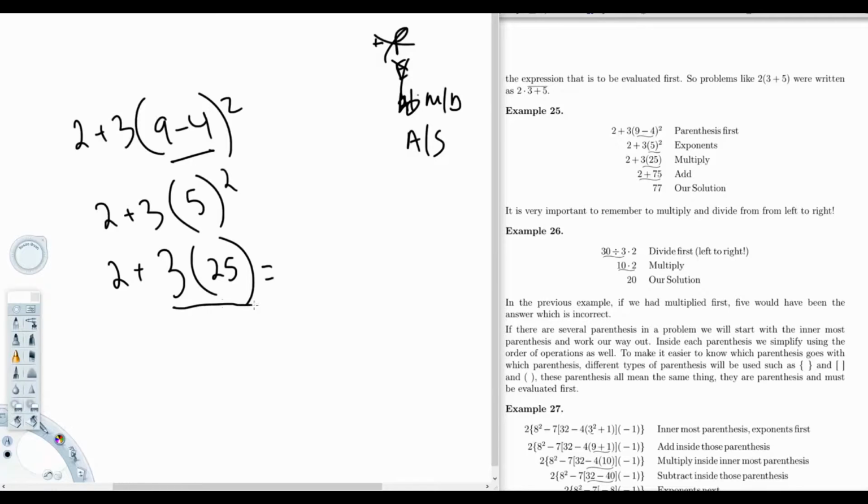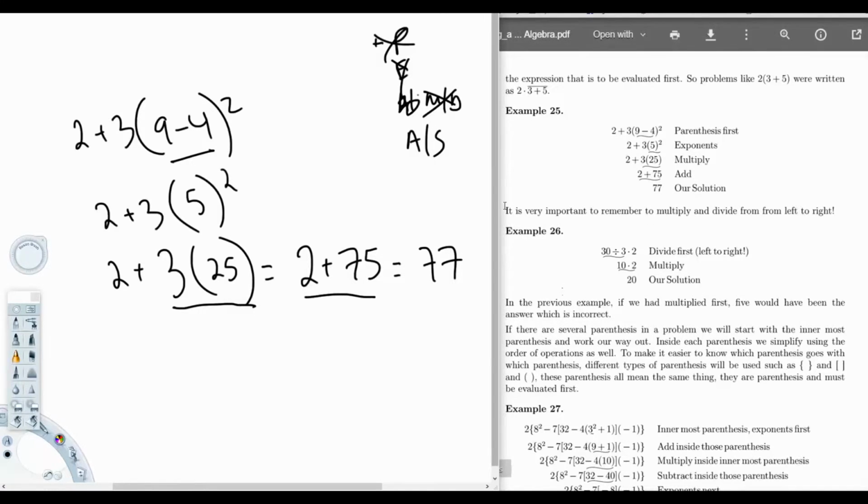Is there multiplication here? Yes, here. So 3 times 25 equals 75. Now we are left with adding, 2 plus 75, and that is the solution. So it is very important to remember to multiply and divide from left to right. They're right about that.